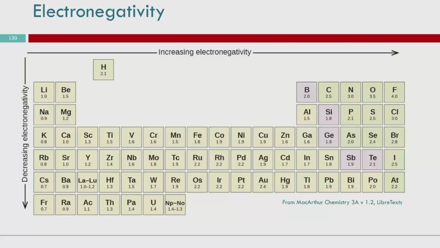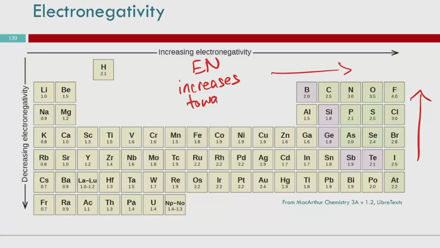So for electronegativity, generally speaking, it increases towards fluorine. Things that are closer to fluorine tend to have higher values, and as you move away from fluorine, the values get lower. Over here on the opposite corner of the periodic table, we've got really low values.